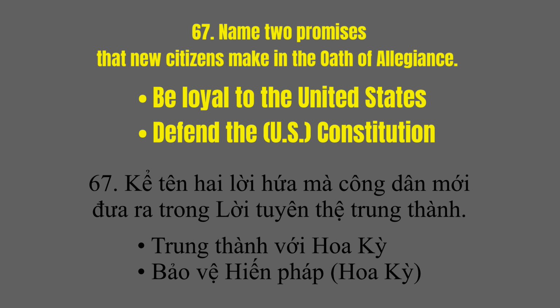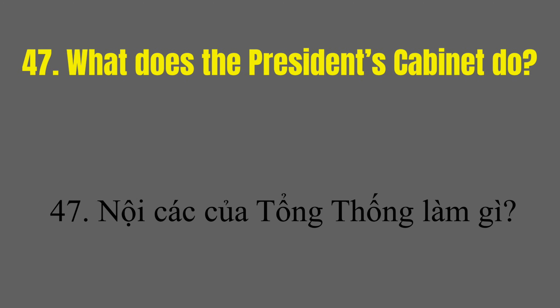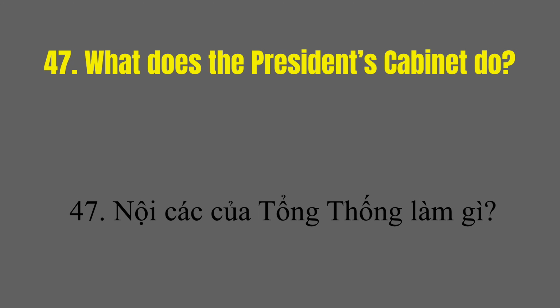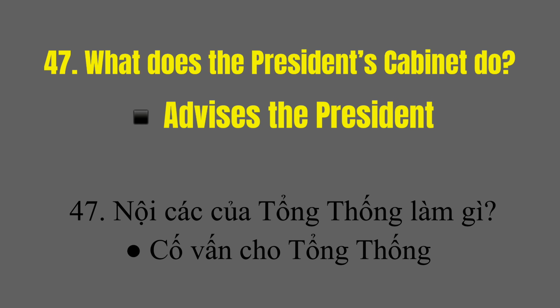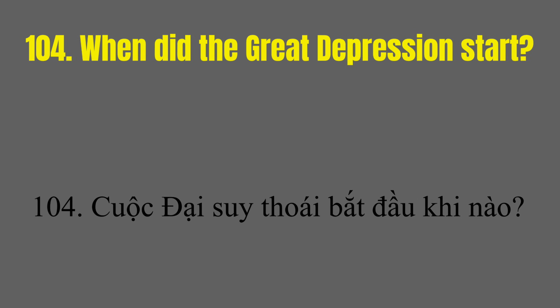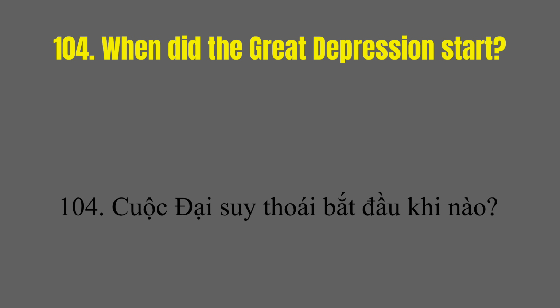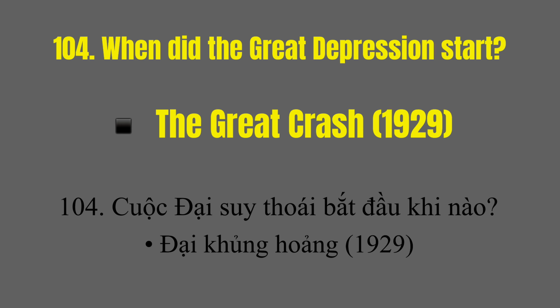Defend the U.S. Constitution. What does the President's Cabinet do? Advises the President. When did the Great Depression start? The Great Crash, 1929.